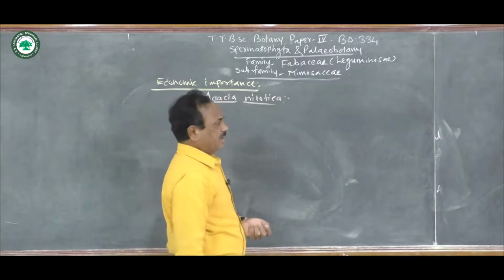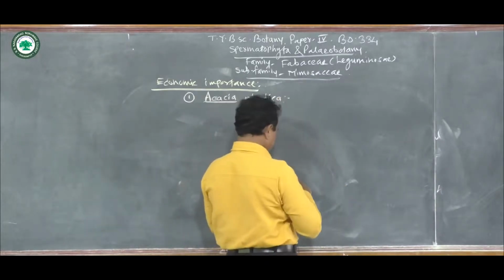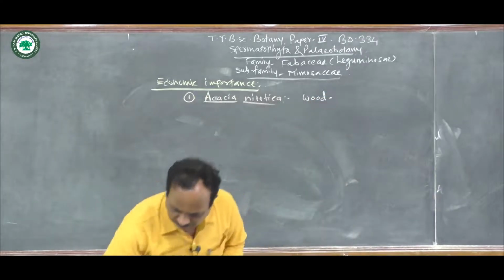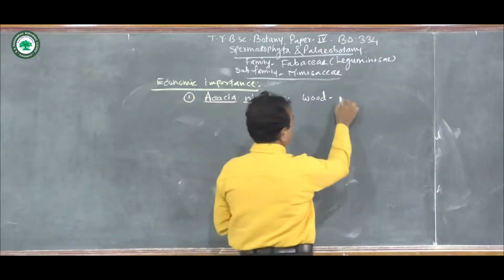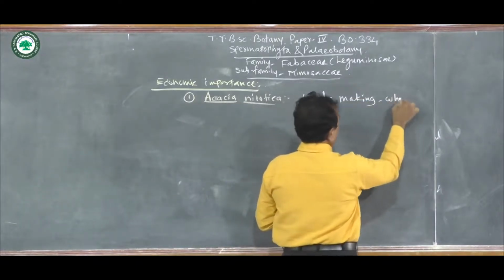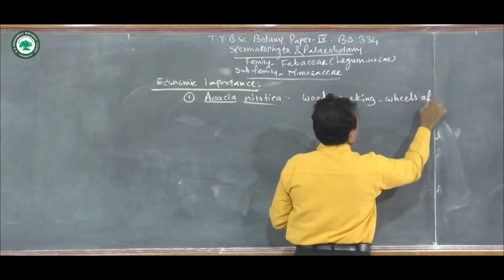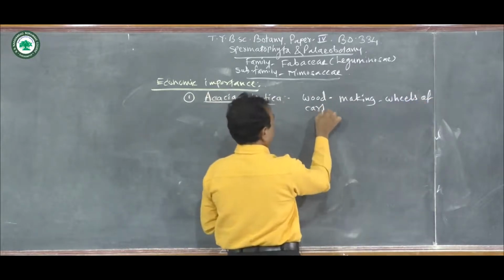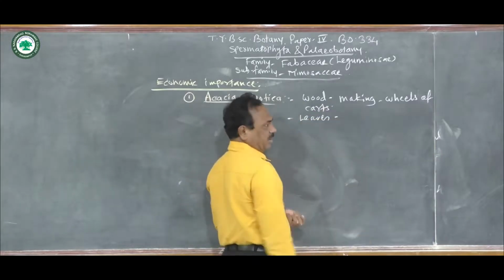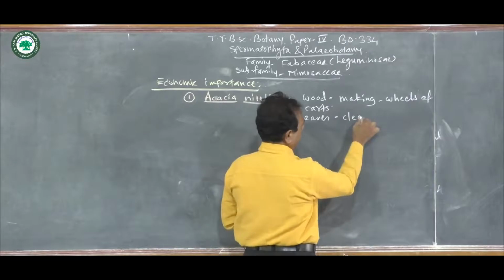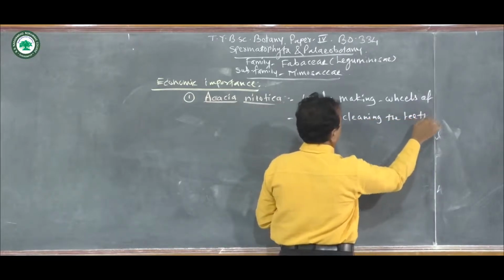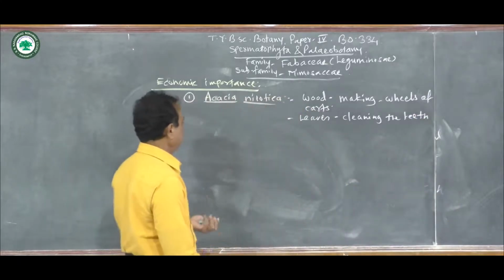The wood of this plant is hard, durable, and is used for making the wheels of bullock carts. The leaves or young branches of this plant are commonly used for cleaning the teeth.